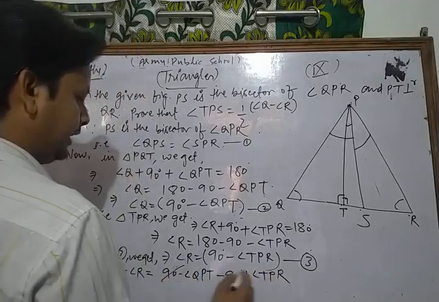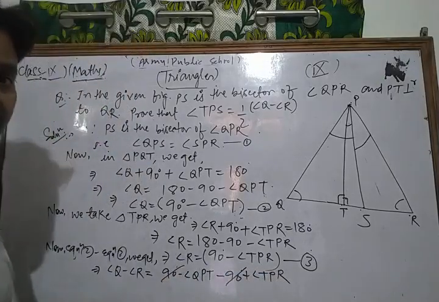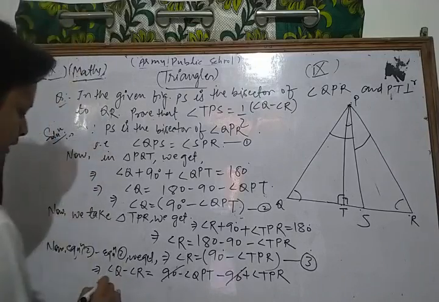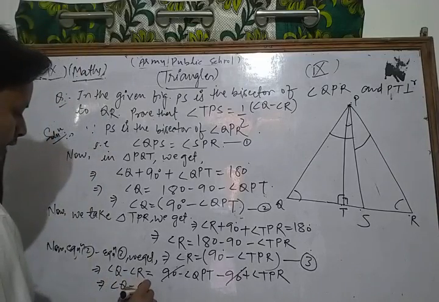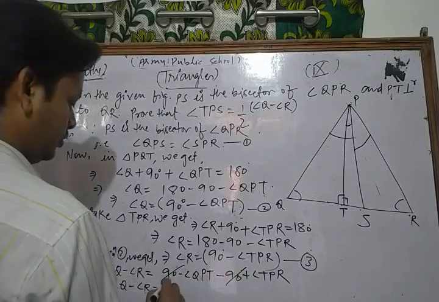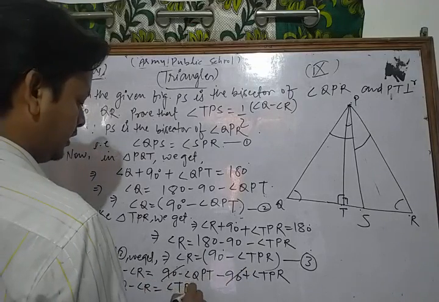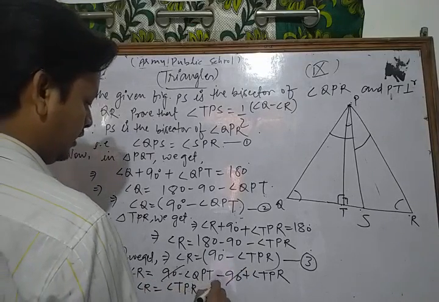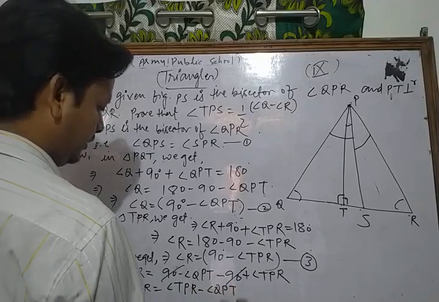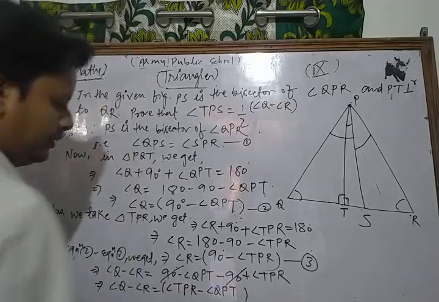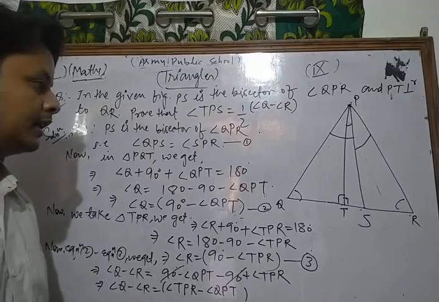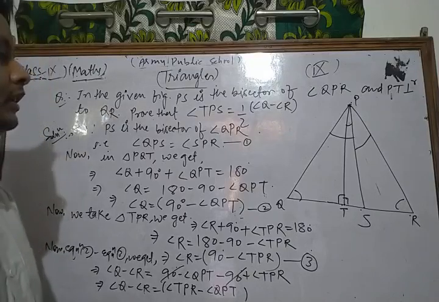The 90s cancel each other, so we get angle Q minus angle R is equal to angle TPR minus angle QPT.